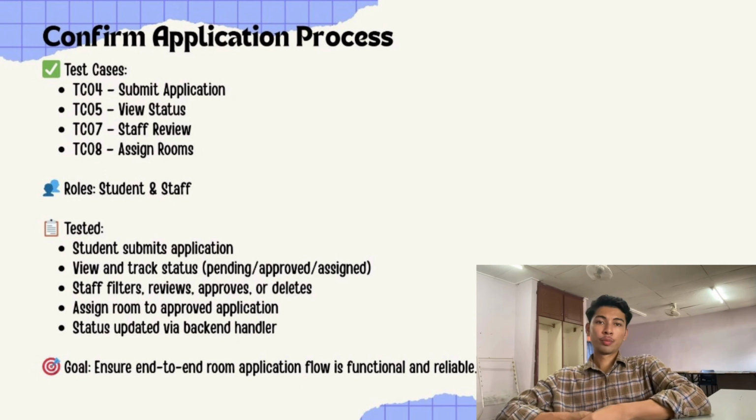Following that, we moved to the application process. This includes test cases 4, 5, 7, 8, and 16, where we validated the entire process from room application to room assignment.